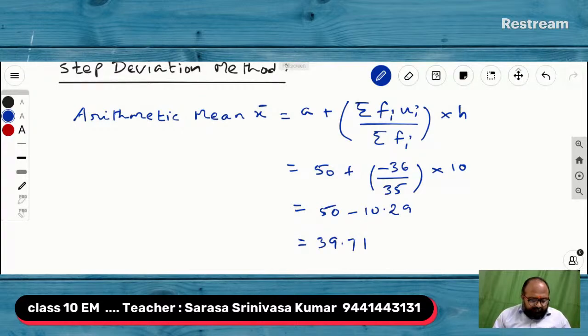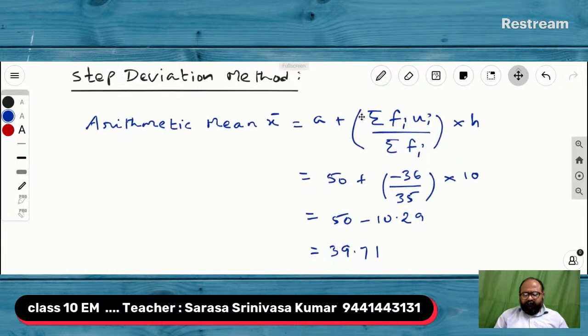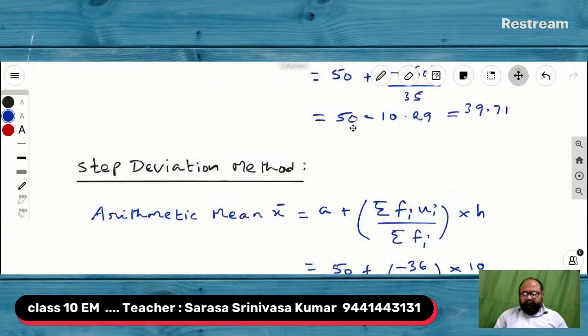Students must understand this process of finding the arithmetic mean by three methods. Let us discuss this briefly.